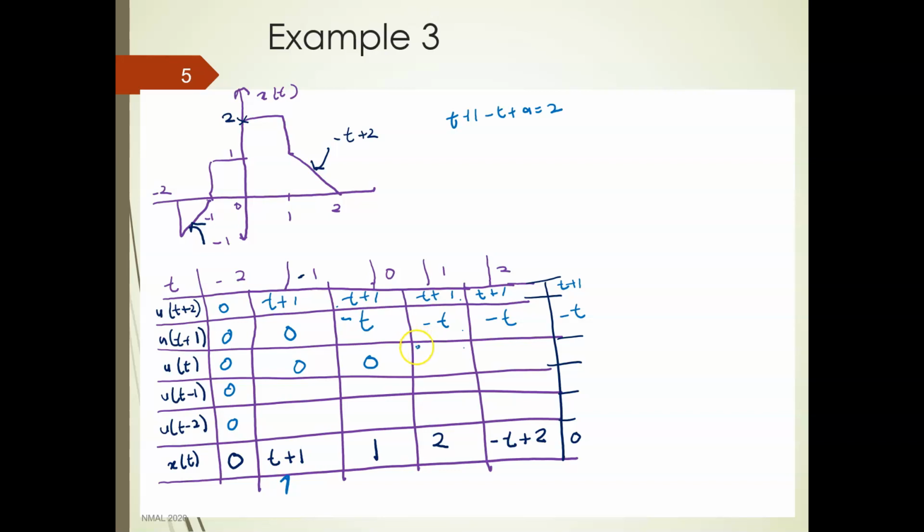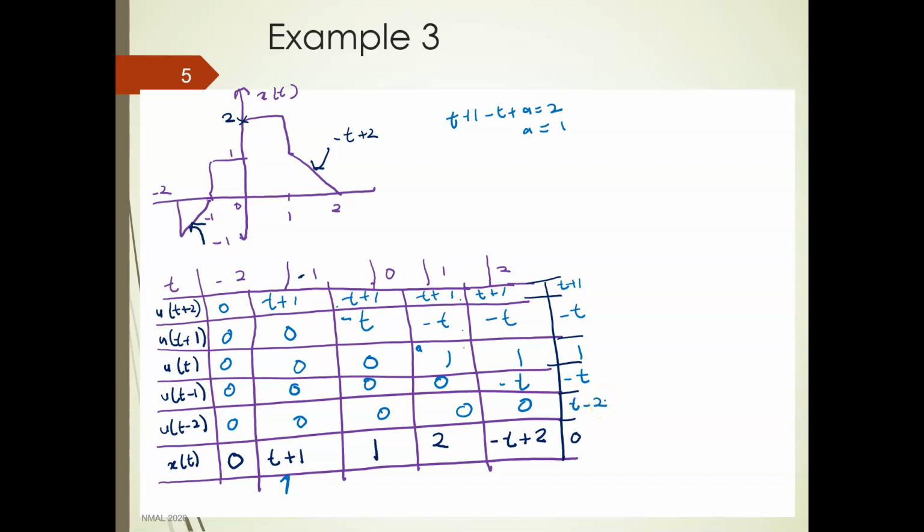Let's say this is a. So you rearrange, you will get a equal to 1. So basically this is 1, 1, 1. Right, so solving for another row here, 0, 0, 0, and this one should be -t. And then 0, 0, 0, 0 here, this one should be t minus 2.